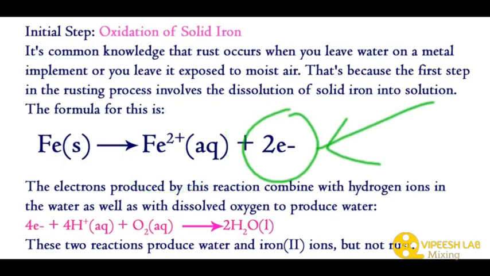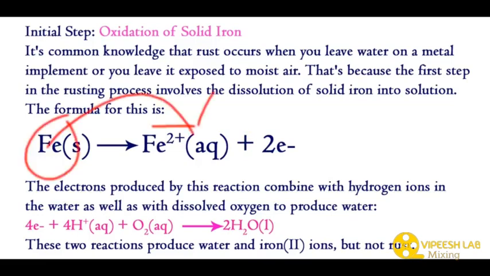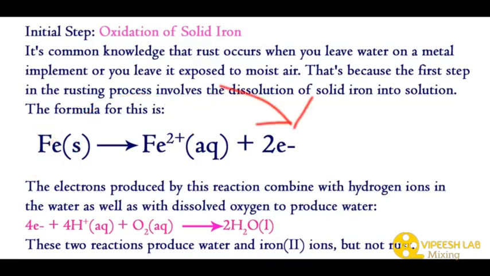You can see in the equation that iron is converting into the Fe2+ form in the aqueous solution, as well as 2 electrons are also produced. These electrons produced by the reaction combine with the hydrogen ions in the water as well as with the dissolved oxygen to produce water.